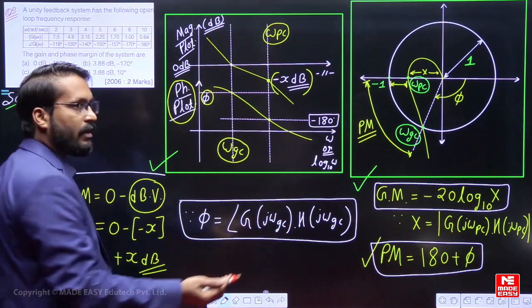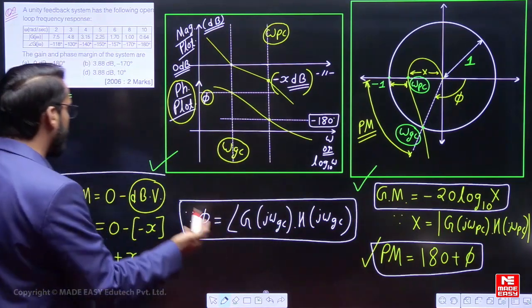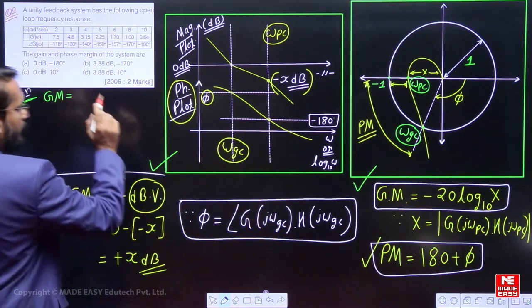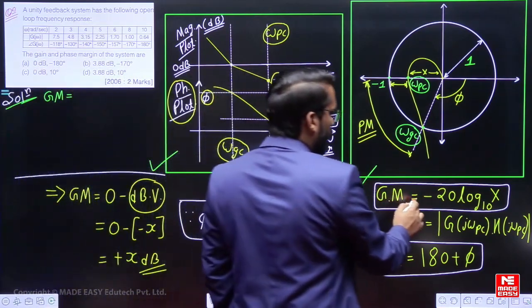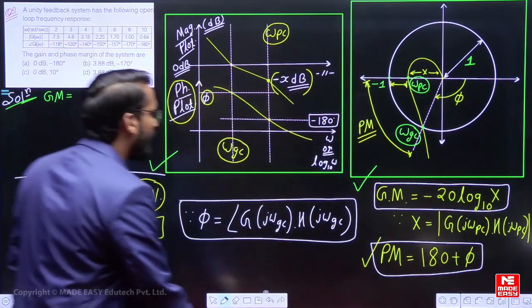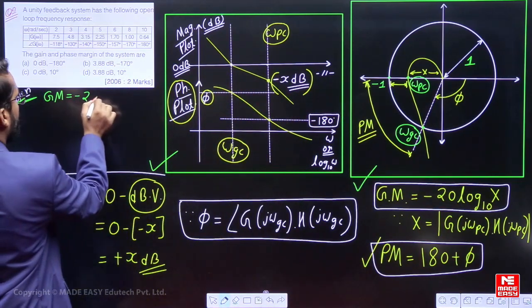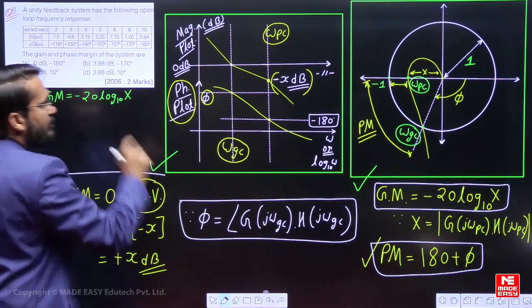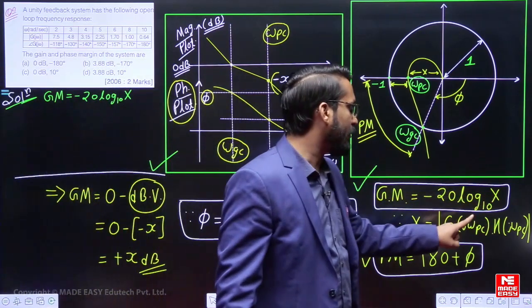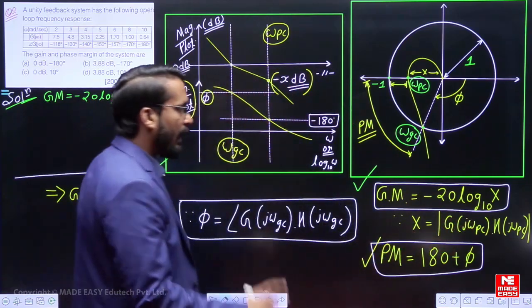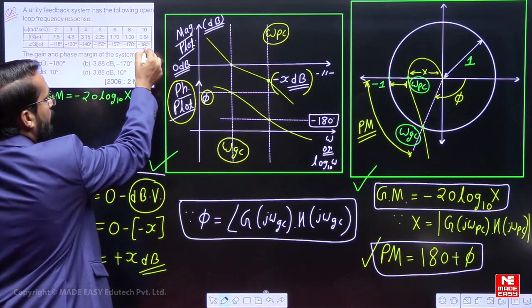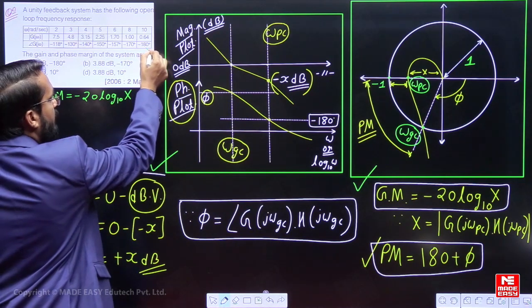If the examiner has given the information of magnitude in dB, then we will proceed in that way. So gain margin is nothing but minus 20 log 10 x, and x is nothing but the magnitude at the phase crossover frequency, and the phase crossover frequency is the frequency where the phase is minus 180 degrees.